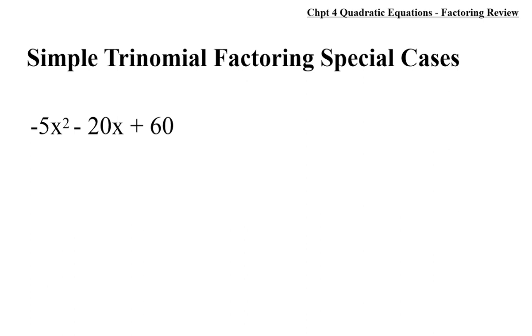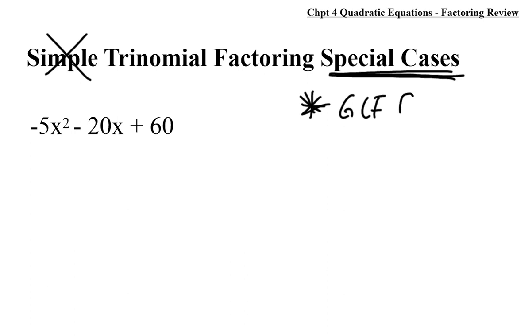Now, with that being said, we have a few special cases of special simple trinomials. First thing, this particular question, it doesn't look like a simple trinomial. We don't have an x squared by itself. Well, there's two things to do. The first thing, though, is to understand, always look for a GCF factoring to start.